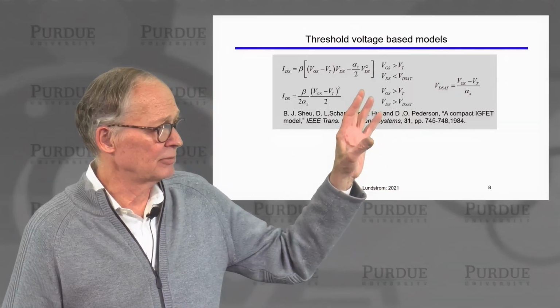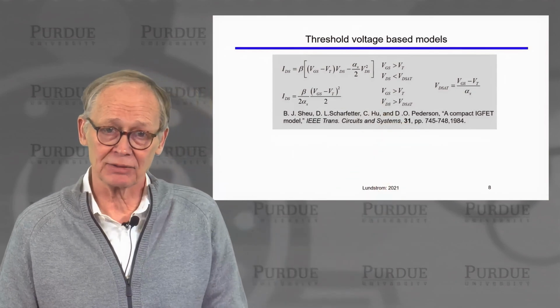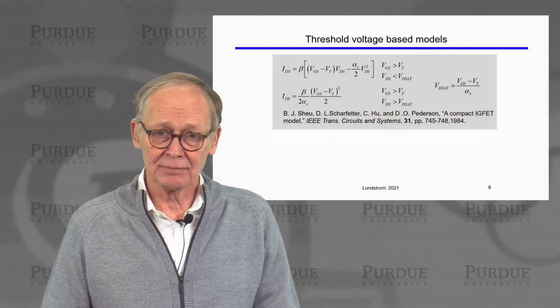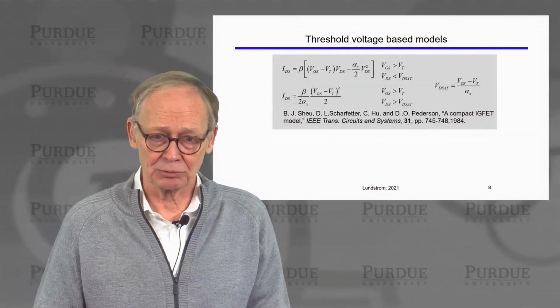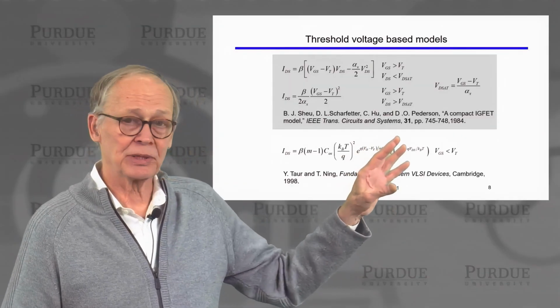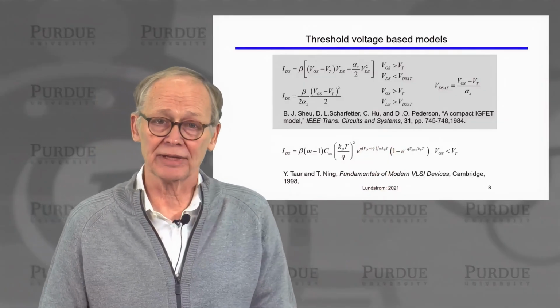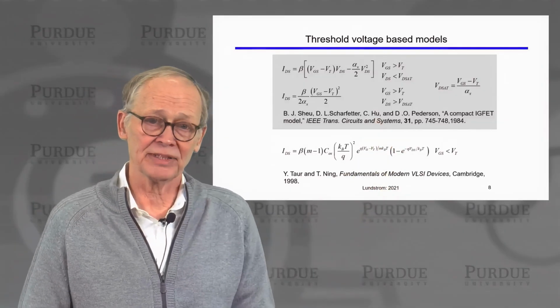This is a model from some years back that describes the above threshold behavior of a MOSFET. Let's assume that we also want to describe the below threshold behavior. Well, we could take a standard expression for the subthreshold current and use that below threshold. So this would be valid for VG below VT.